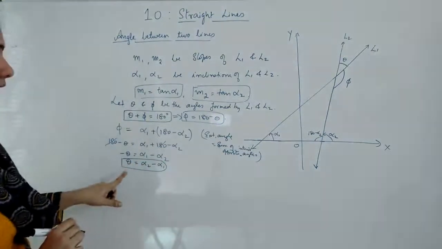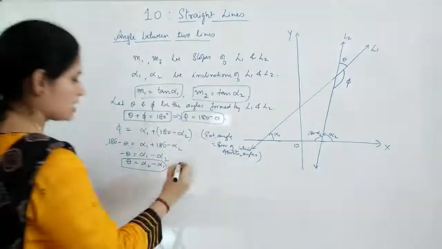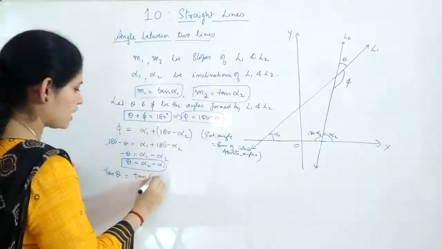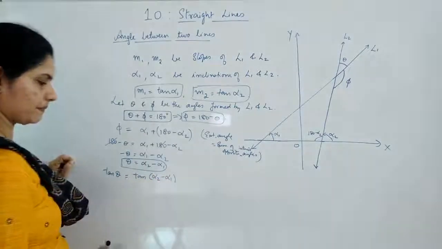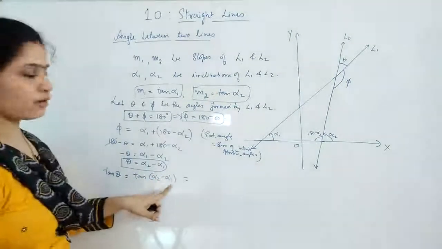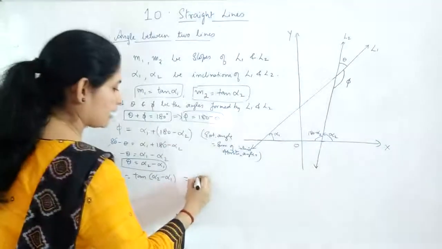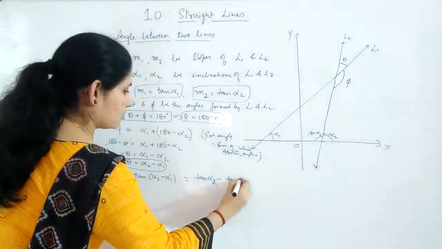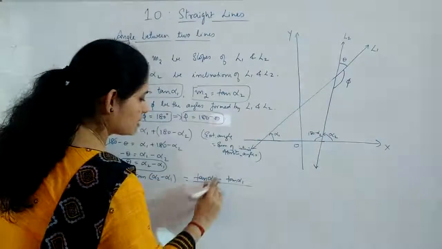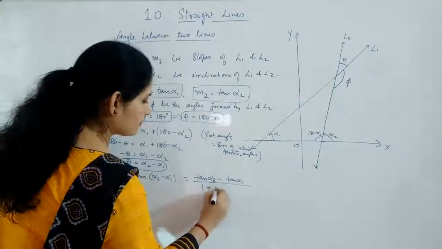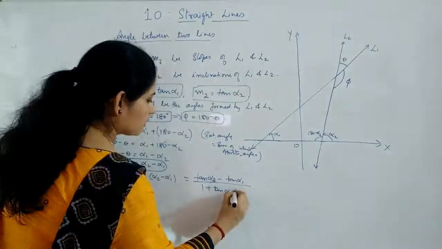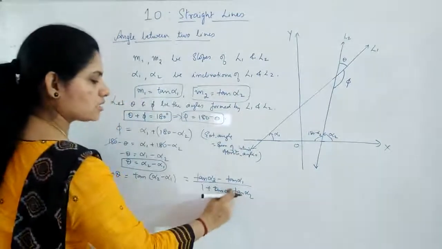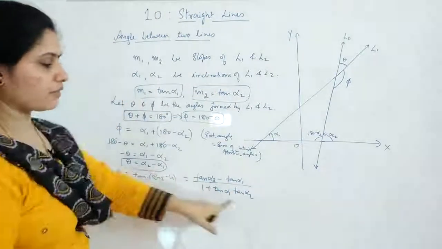Now taking tan on both sides, what will you get? Taking tan on both sides will give you tan theta is equal to tan of alpha 2 minus alpha 1. Now this is of the form tan of A minus B, which is tan A minus tan B divided by 1 plus tan A tan B. Since it is a product, we can just interchange and write tan alpha 1 tan alpha 2.